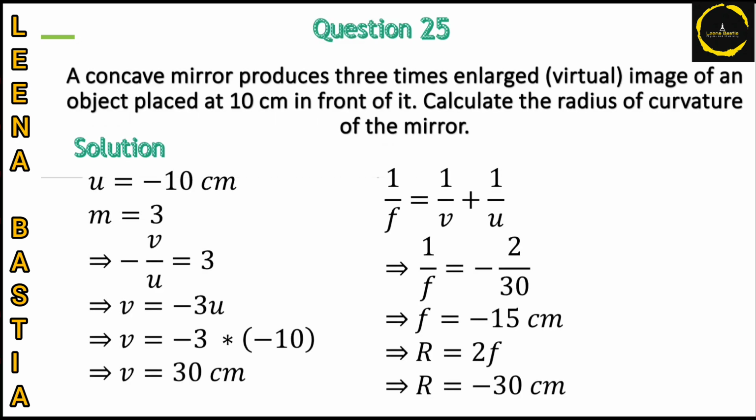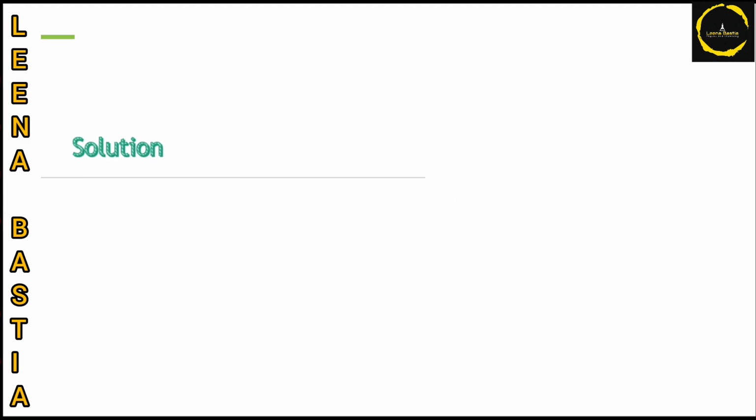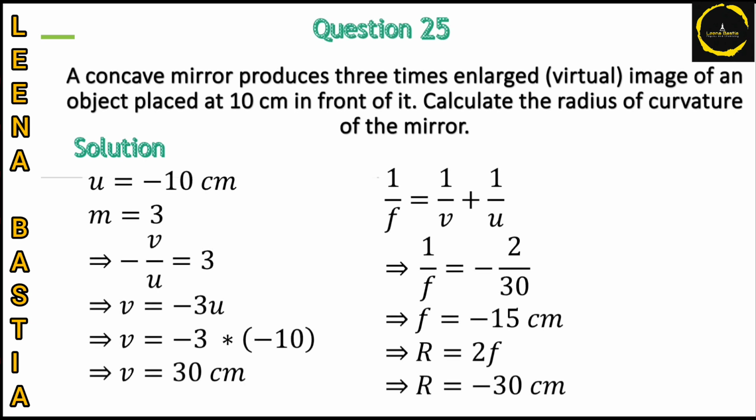A concave mirror produces a 3 times enlarged, but virtual image of an object placed at 10 centimeter in front of it. Calculate the radius of curvature of the mirror. Now you just see, the object is placed at 10 centimeter in front of it, so u value is minus 10. It's 3 times.